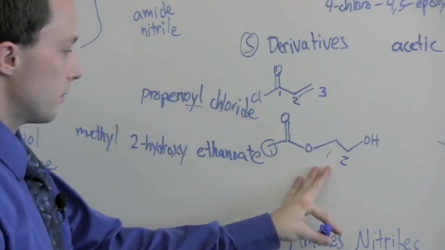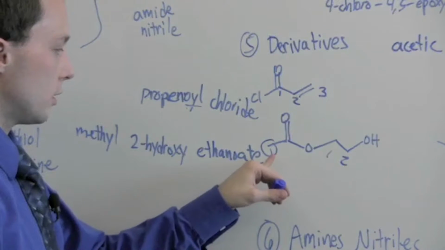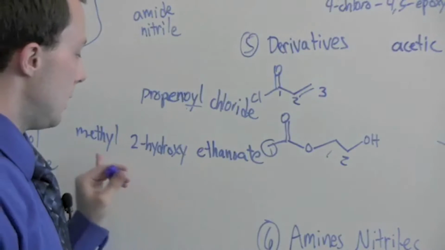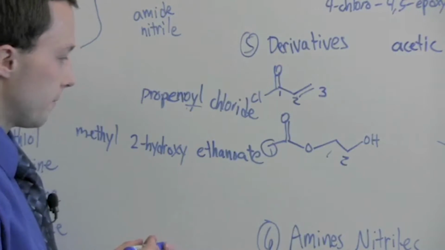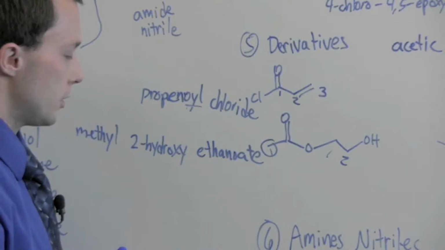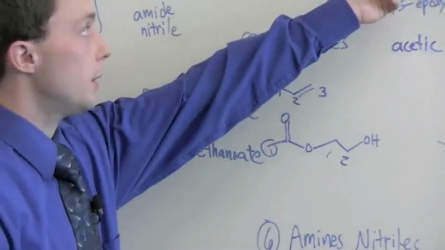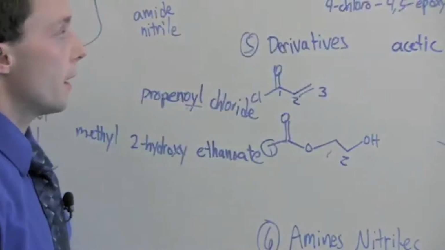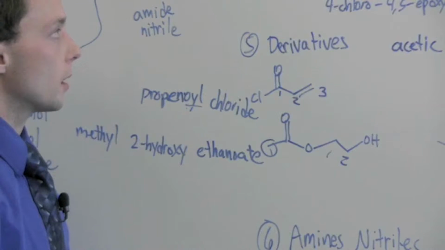On the ester, we start with the least substituted, or the shortest side, name that, and then go on to the longest side, name the longer part. That's how we name esters. Don't get the ethanoate confused with the propanoate up here, which is the deprotonated form of the carboxylic acid.